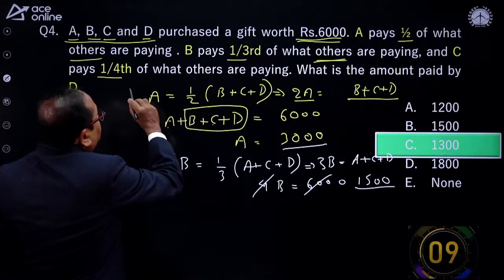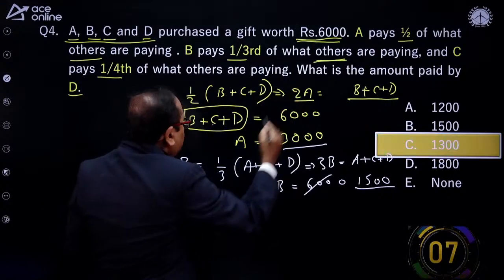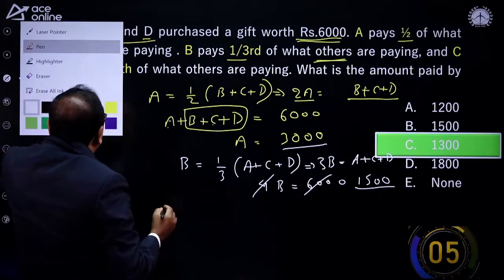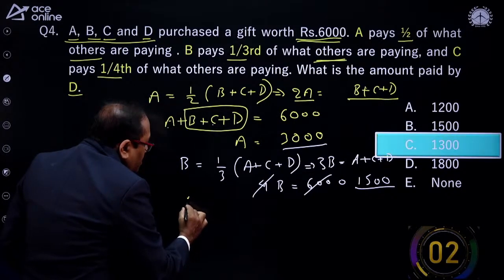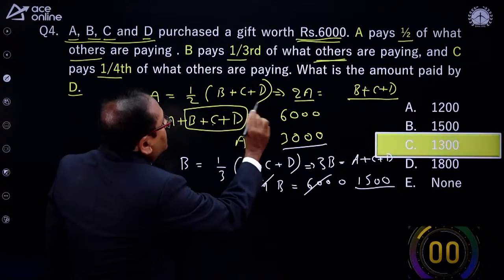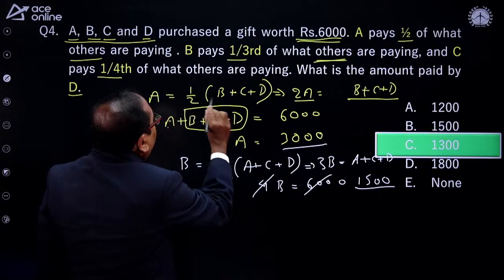So here the third equation given is 1/4 of C. I am just writing what is given over here. 1/4 of what the others give.